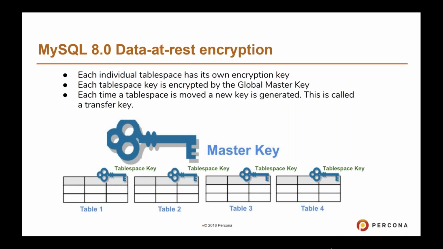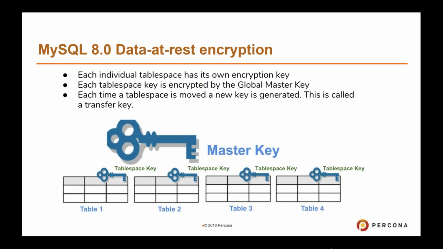So that is something incomplete. And just to give you an idea of how encryption works: to have encryption, there is a plugin called keyring. We need to install that plugin, and it will enable the encryption feature. Once that plugin is enabled, you can create a table. And how encryption and decryption happen is, you have a master key which is common across the server, and in each tablespace header you have a tablespace key which acts like a private key.